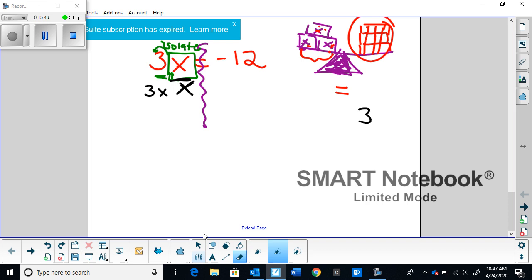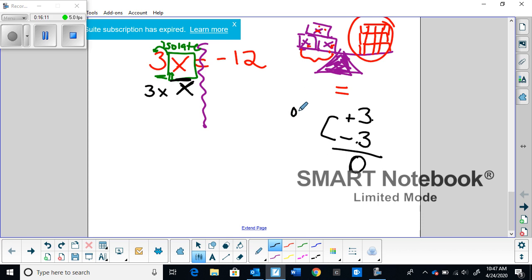So let's say I have plus 3. How do you get rid of plus 3? How do you end up with 0? If I have plus 3, I have to take away 3, subtract 3, and I'm left with 0. Perfect. So plus 3 minus 3 is 0. If you notice, the opposite operation to addition is subtraction.